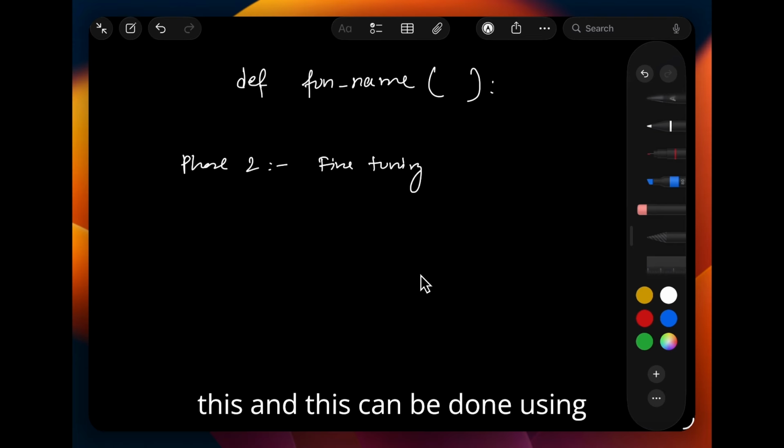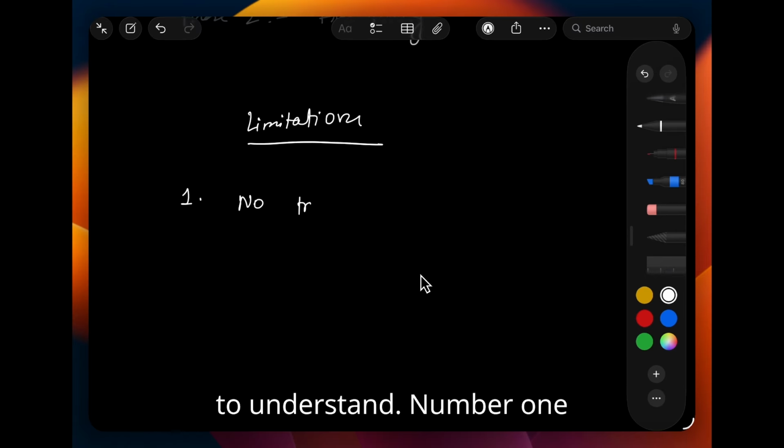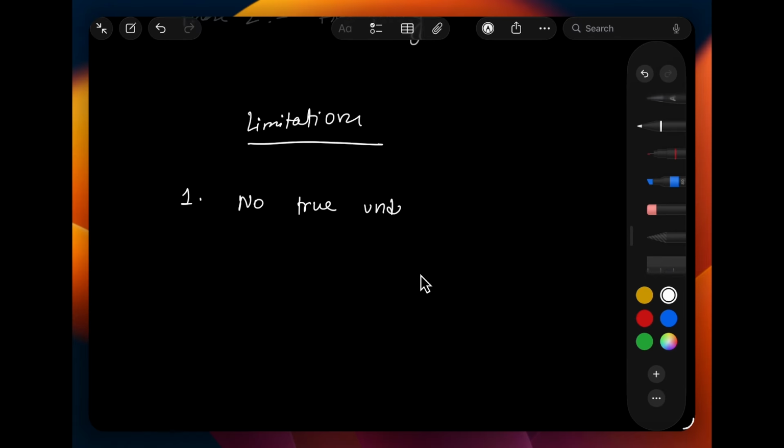Now the next part: limitations of an LLM, right? Three critical things to understand. Number one, no true understanding. What it does is basically matching patterns.